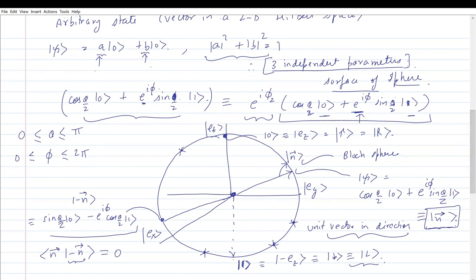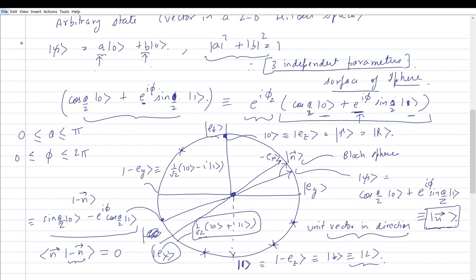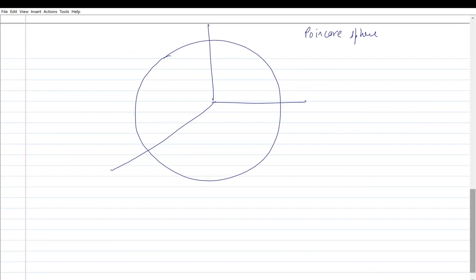So if this is e_y, this guy was minus e_y, which was, if you do the math, and this was e_x, and this was then certainly e_x and minus e_x.